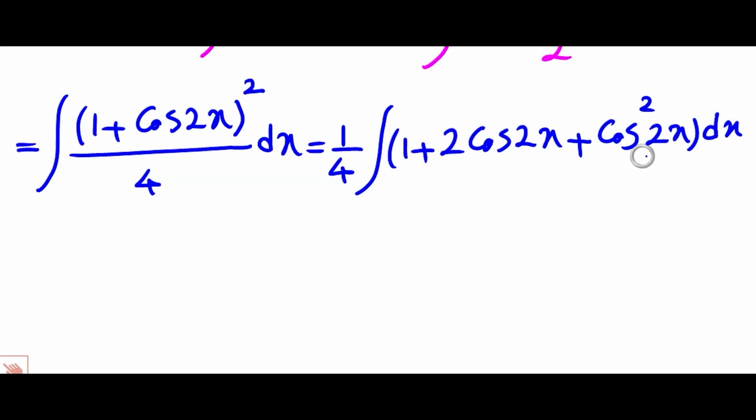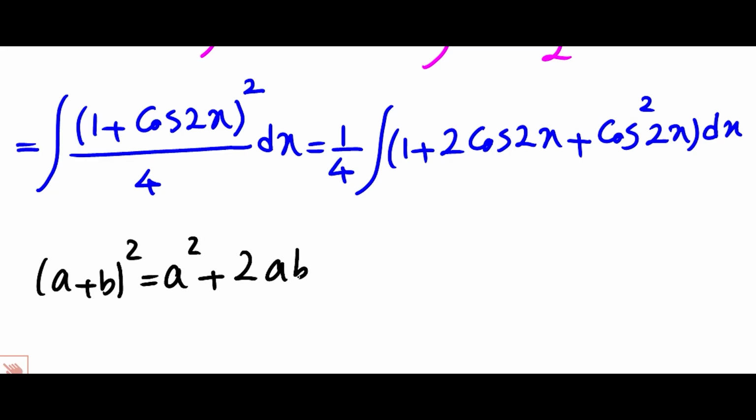We use the algebraic identity, because (a plus b) whole squared equals a squared plus 2ab plus b squared. A is 1 and b is cosine of 2x. So 1 plus 2ab, 2 times 1 times cosine of 2x, plus b squared, which is cosine squared of 2x, right?